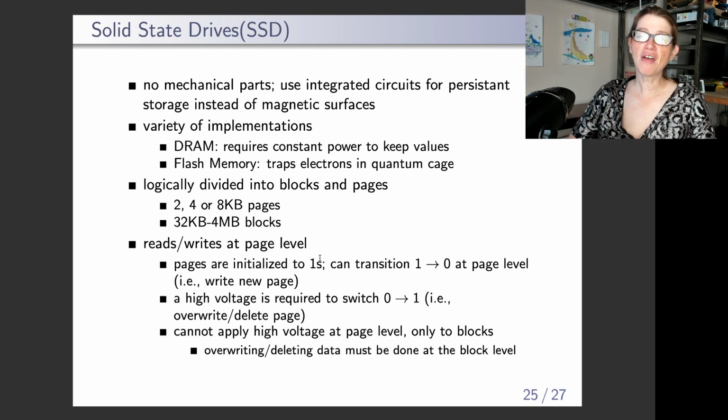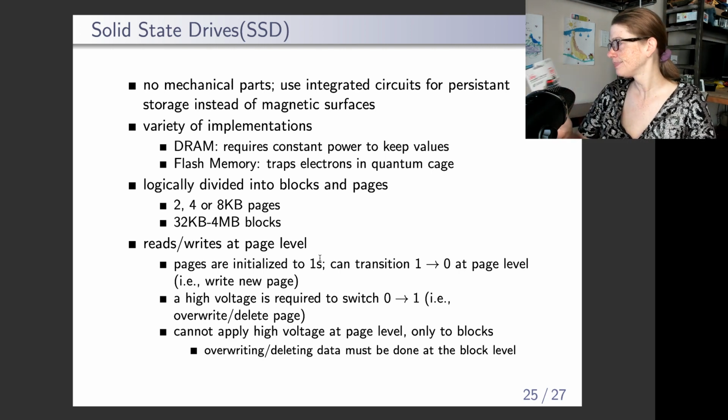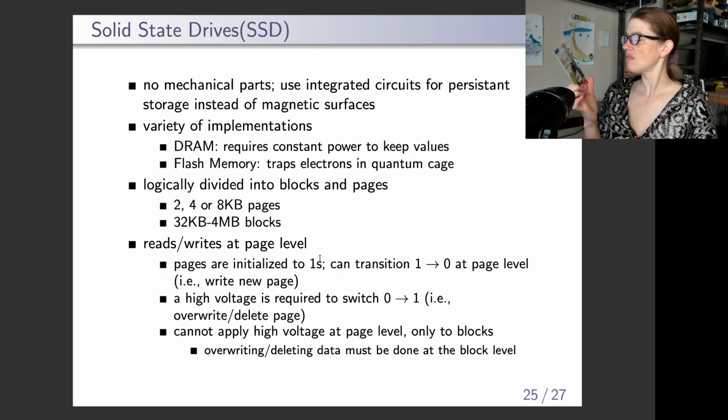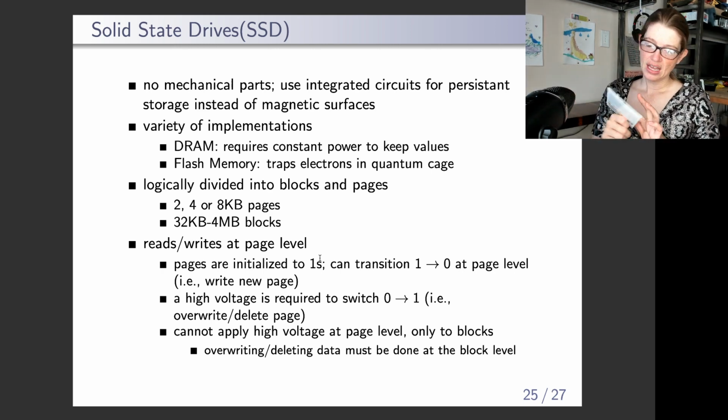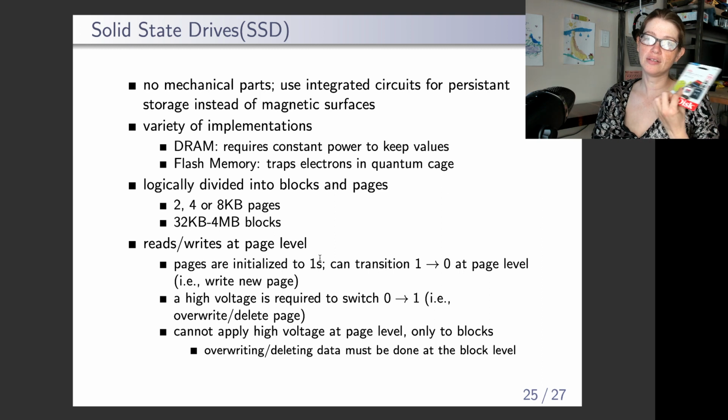Now, some of the advantages, of course, are that you can fit a lot of memory in a really small space. So this here is a little micro SDXC card, and it's like the size of my fingernail, and this is 128 gigs. It's not much thinner than a business card.